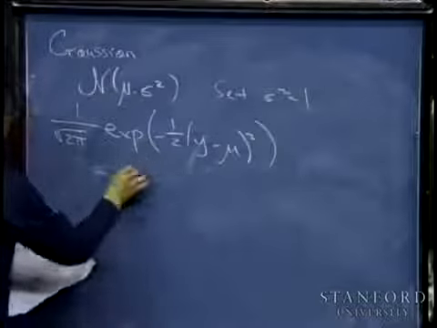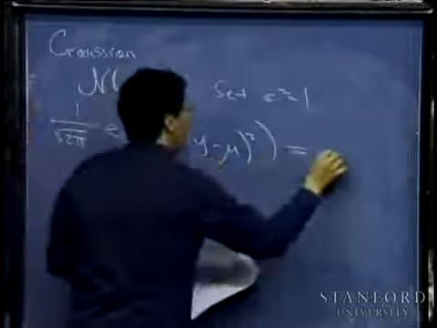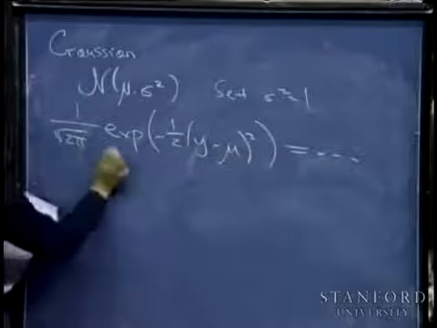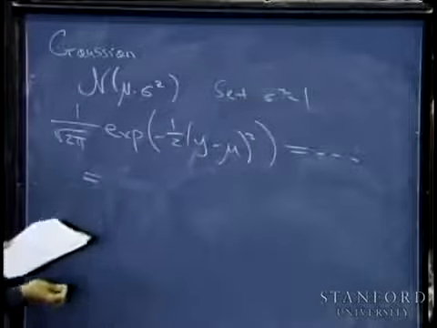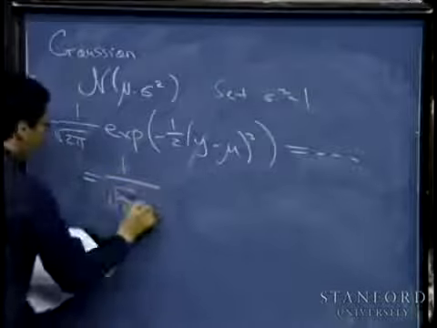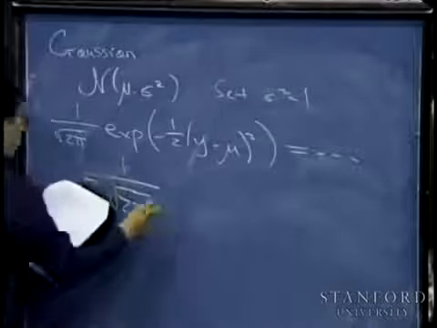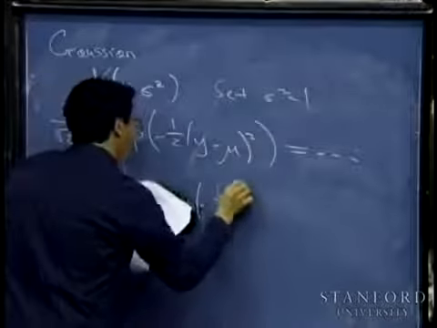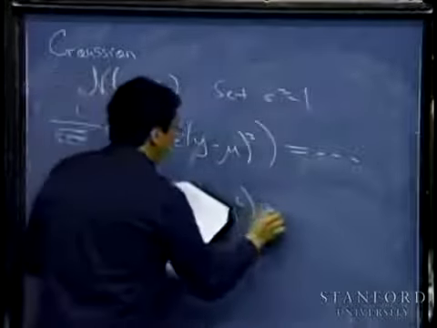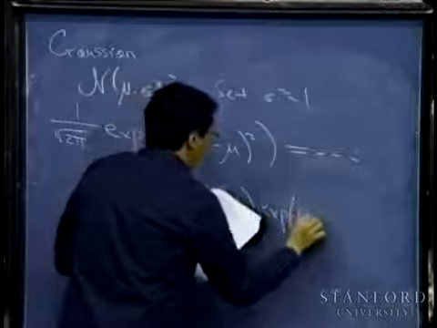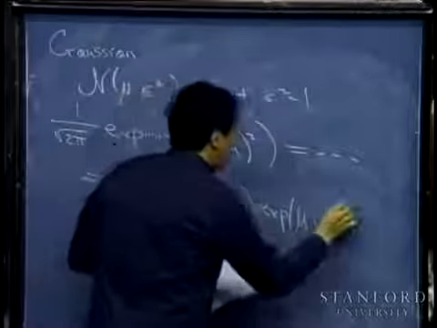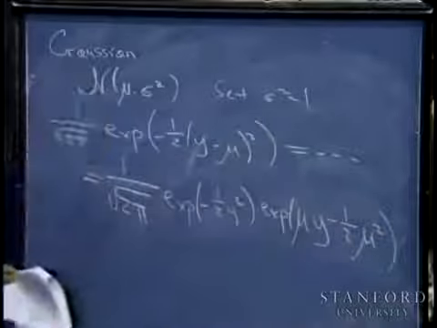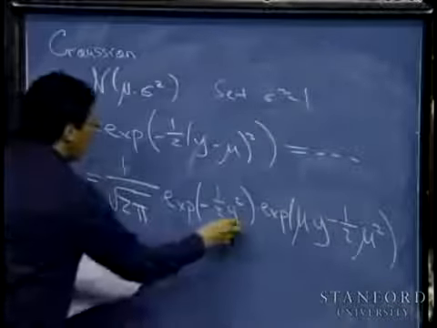And via a couple of steps of algebra, which I'm not going to do, but which is written out in full in the lecture notes you can download, this is 1 over root 2 pi, e to the minus 1/2 y squared, times e to the mu y minus 1/2 mu squared.